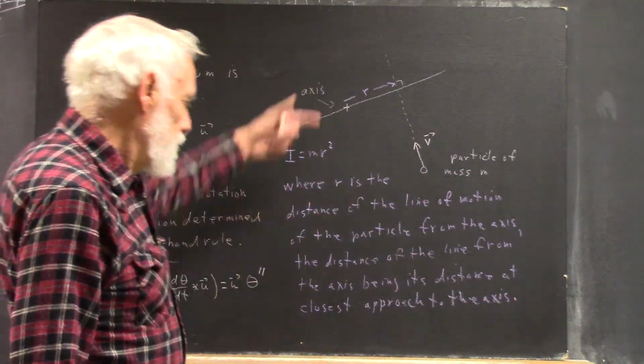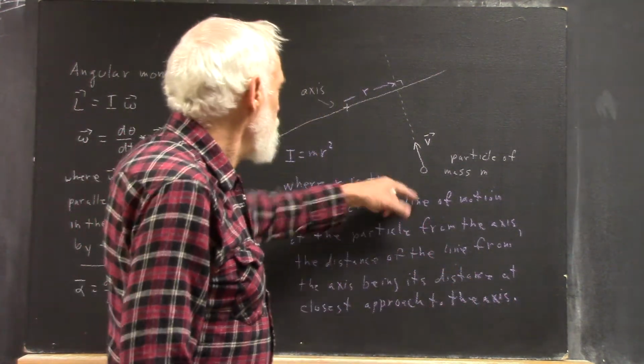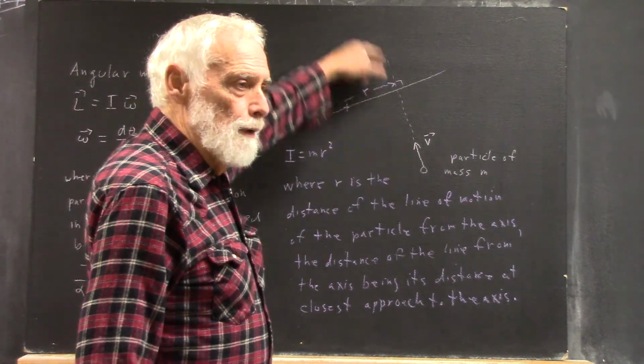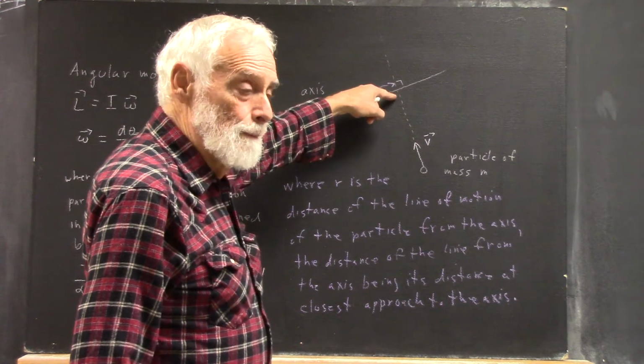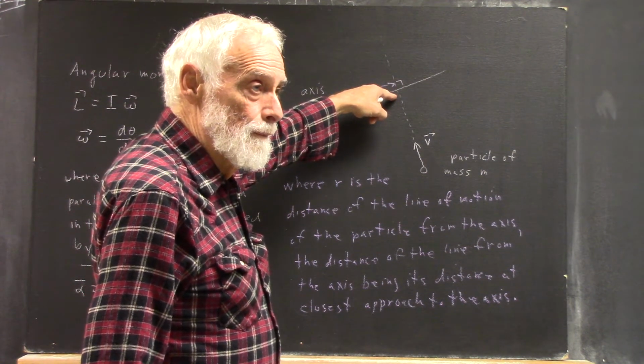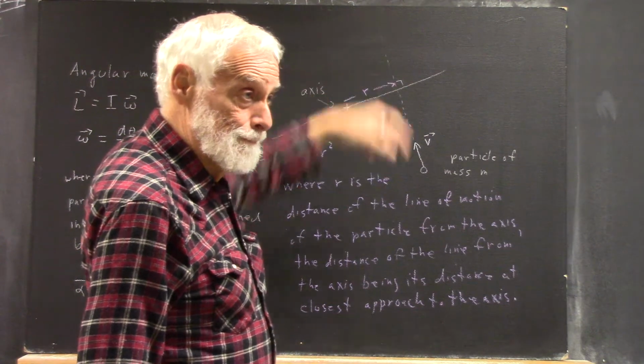The distance of the line from the axis is the distance of closest approach, because that occurs when a vector from the axis to the line is at a right angle to the line.